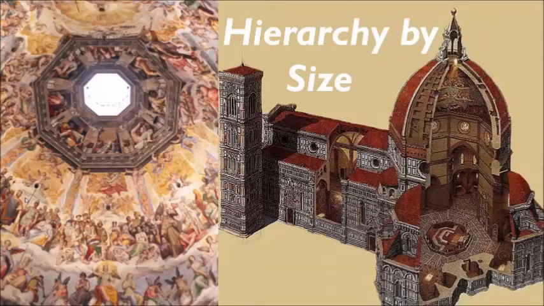The next ordering principle that we look at after symmetry is hierarchy, and there are several different types of hierarchy. When we think of hierarchy, it usually means objects in a series. The idea of hierarchy is pervasive in life today.